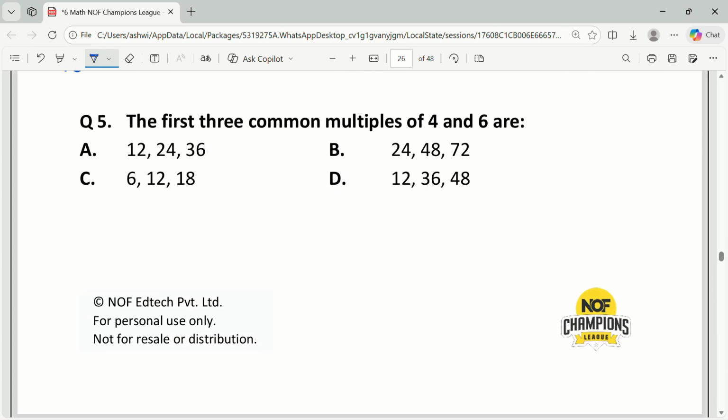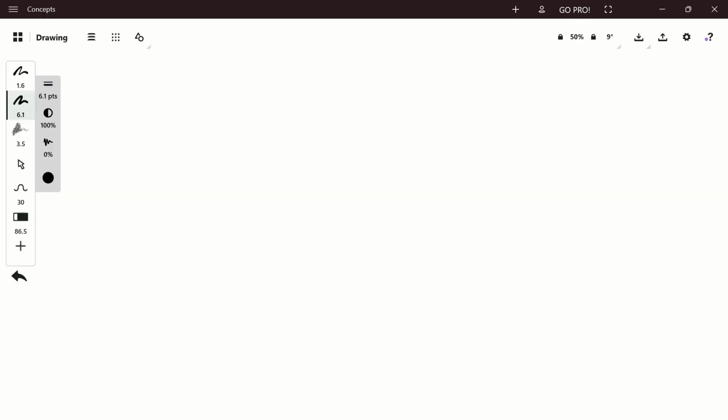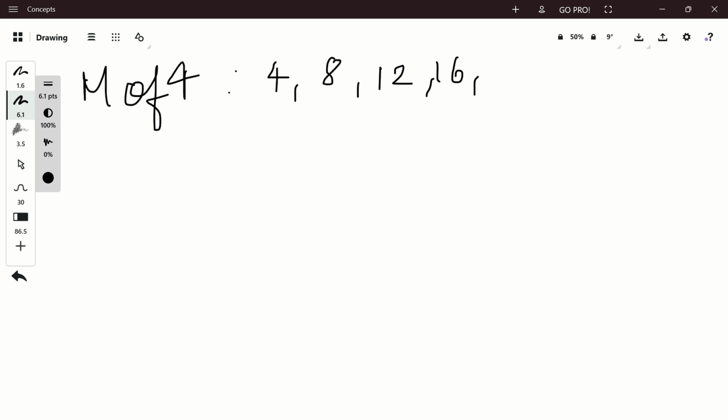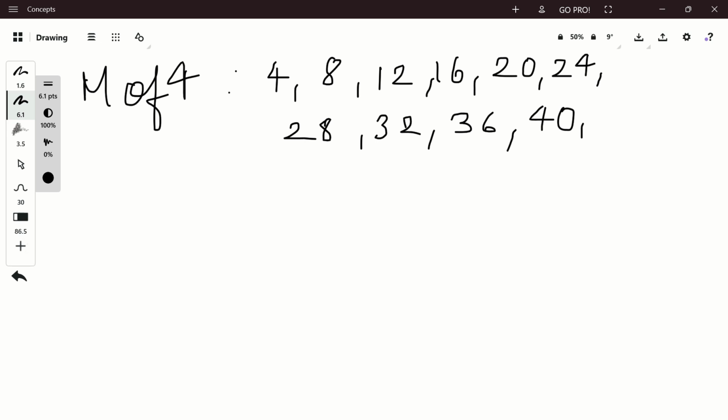Question 5. The first 3 common multiples of 4 and 6 are: multiples of 4 are 4, 8, 12, 16, 20, 24, 28, 32, 36, 40.